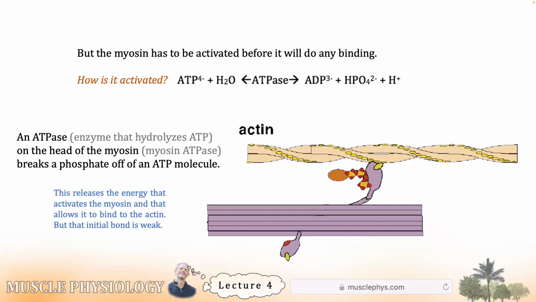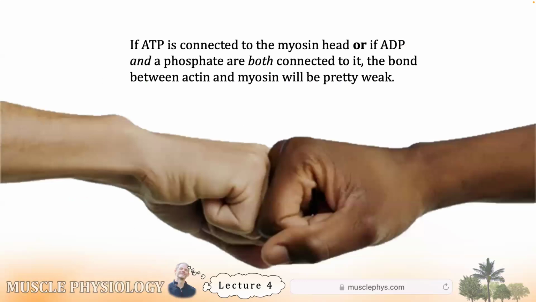But that initial bond between actin and myosin is weak as long as ATP, or ADP and the newly disconnected phosphate, are attached to the myosin head. The bond between actin and myosin, right? That's weak if ATP is still bound, or if ADP and the phosphate are bound.